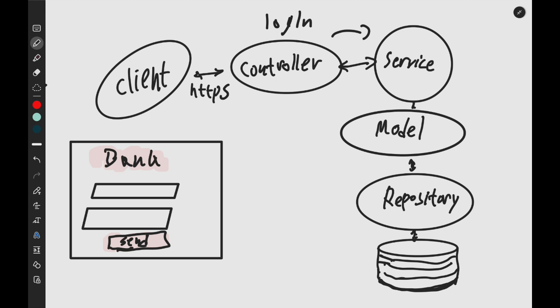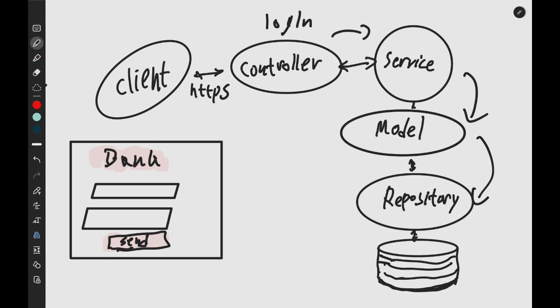Maybe if only the email is correct but the password is not correct, maybe we should give the end user a different message back. So these are the different logic things that we're working on in the service. And the service is using the different models to figure out whether this client is the correct client and whether we can give him permission to log in.